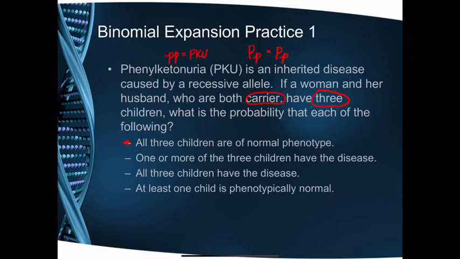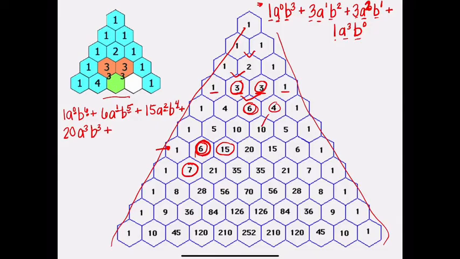So what is the probability that all 3 children are of normal phenotype? Okay? Well, what these A's and B's represent, and you can call them whichever way you want, it doesn't matter, but we will say A represents a normal phenotype and B represents PKU, okay?